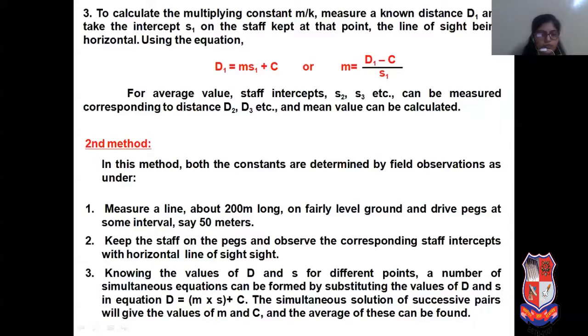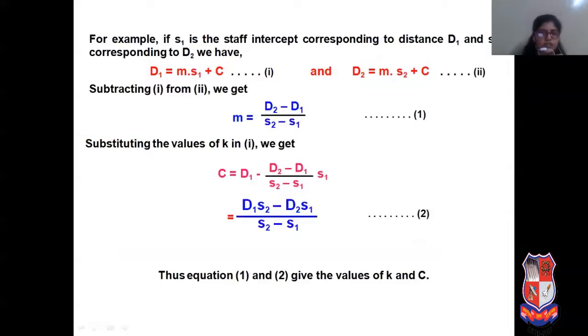Knowing the values of D and S for different points, various equations can be formed by substituting the values of D and S in our equation D is equal to ms plus c. And thus, there are two equations and two unknowns. We will get both the unknowns by these two equations as shown here.